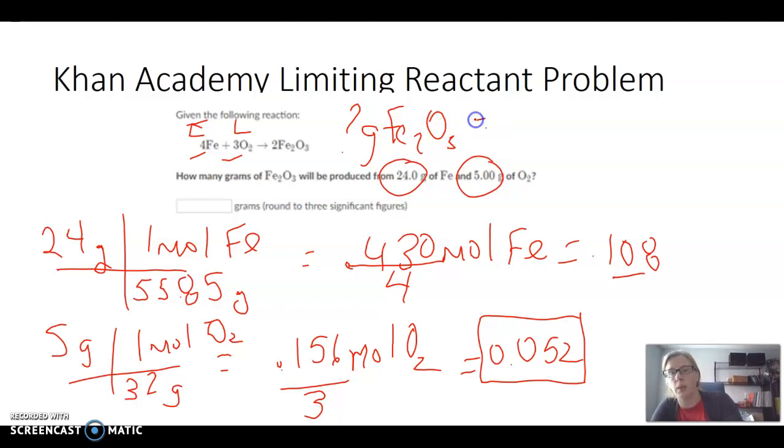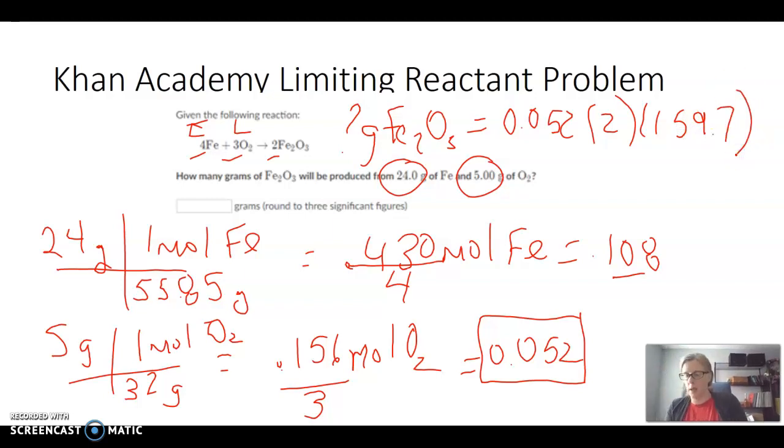I would take the 0.052 that I got for the mole to coefficient ratio, then multiply it by the 2 coefficient of the iron oxide, and then I would multiply it by the molar mass of the iron oxide, taking the mass from the periodic table, 2 times the mass of iron plus 3 times the mass of oxygen, and I get 159.7 for the molar mass.